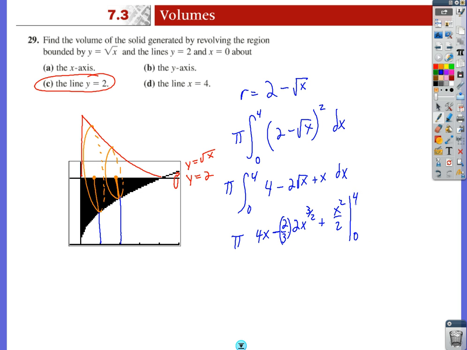I go ahead and plug in the 4, and I get 16 minus 32 over 3 plus 16 over 2, 8.